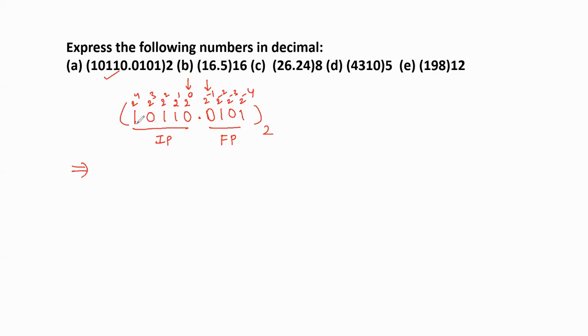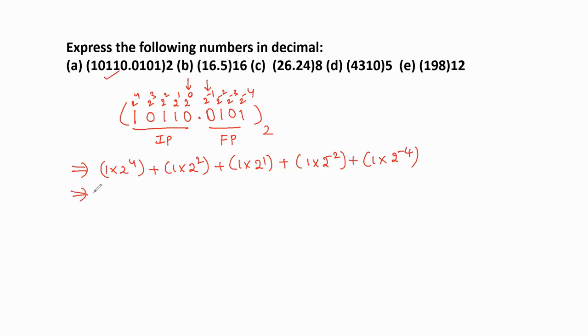Then multiply each bit with the corresponding weight and add all of these. 1 into 2 power 4 plus 0 into 2 power 3, which is 0, so we need not write that. Next, 1 into 2 power 2 plus again 0, and again 0 in the fractional part also. Next, 1 into 2 power minus 2, again 0, leave it. Next, 1 into 2 power minus 4.